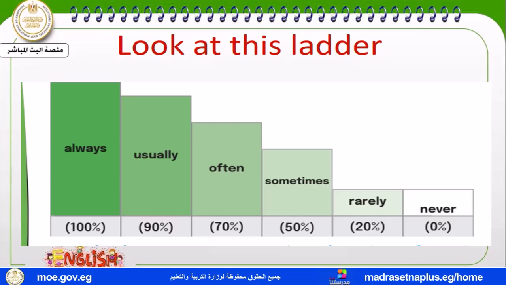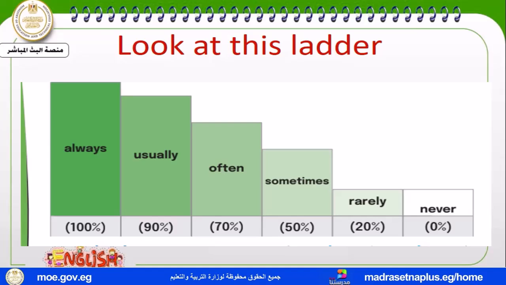When I say I often do this, like I often see my friends in the park, that means that I see them 5 days a week or 5 times. When I say I sometimes wear sunglasses, I do this and I don't do this.